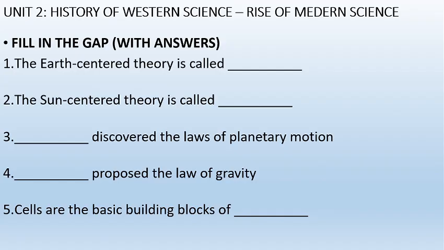I guess we should have a jotter or a notebook that we are writing these things in while we are doing the class. I said we have geocentric and we have heliocentric theory. So for this earth-centered theory, which one is it between geocentric and heliocentric?